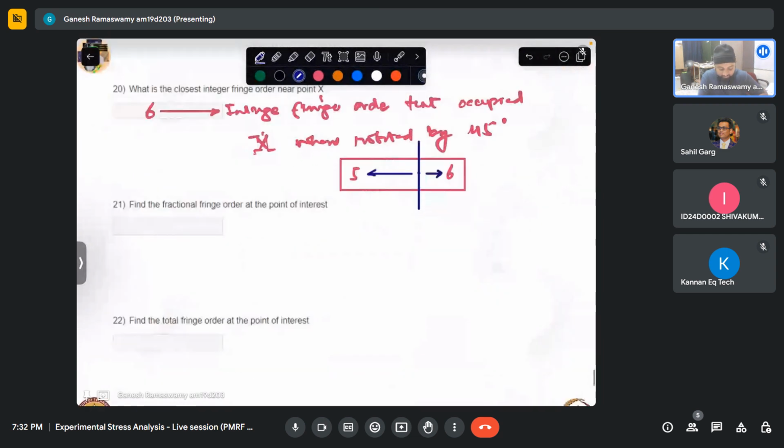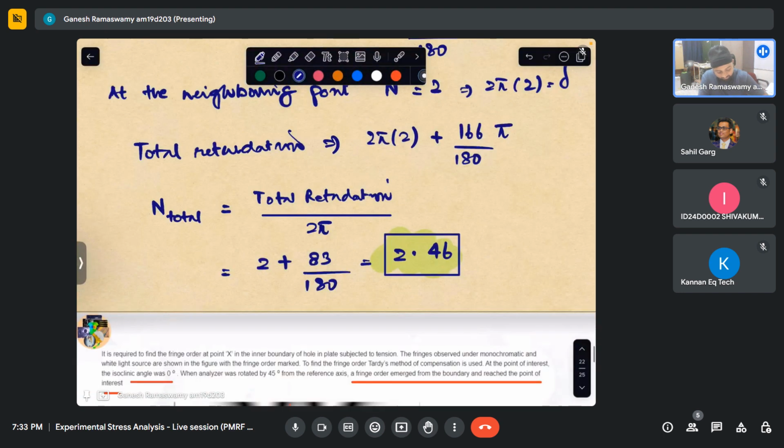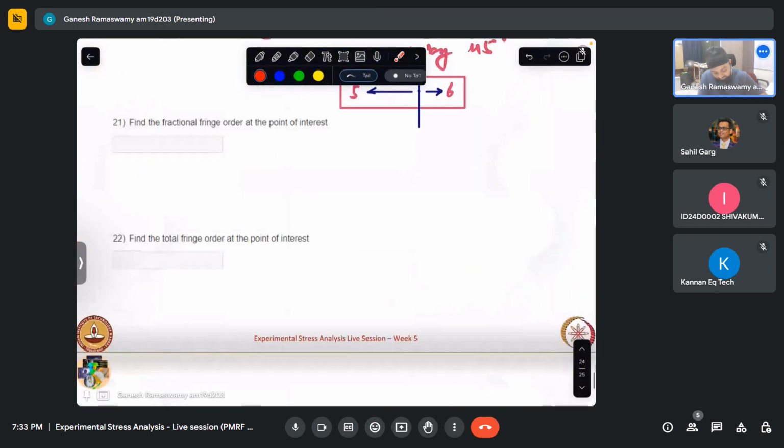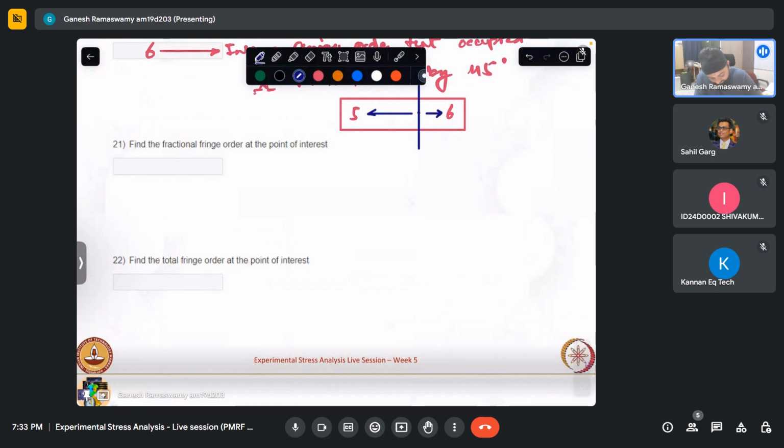What is the fractional fringe order at this point of interest? Fractional fringe order is nothing but this quantity. What we added as the compensating fringe retardation is what is the fractional fringe order. So we rotated it by 45 degrees and we have to normalize this.